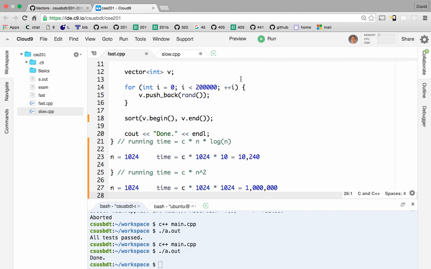But when you take the logarithm of 200,000, you get a small number. So when you multiply n by a small number, it doesn't get too bad. It doesn't blow up as fast. It still goes to infinity, but it doesn't get there that fast.